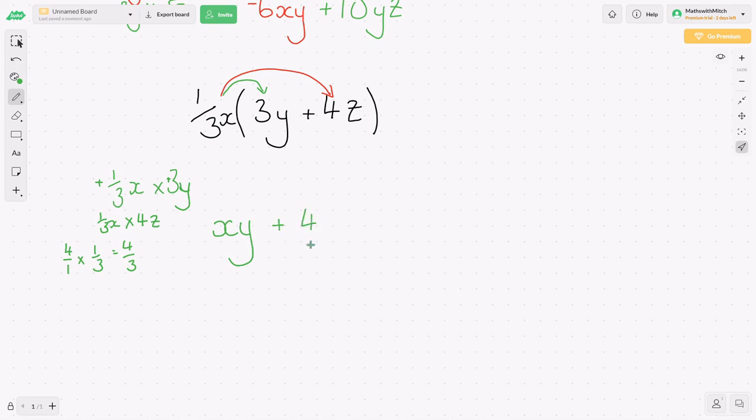So that gives us positive 4 over 3. And then think about what our term is here. We have an x times a z, so that becomes xz. So that is your answer there once you've expanded the brackets.